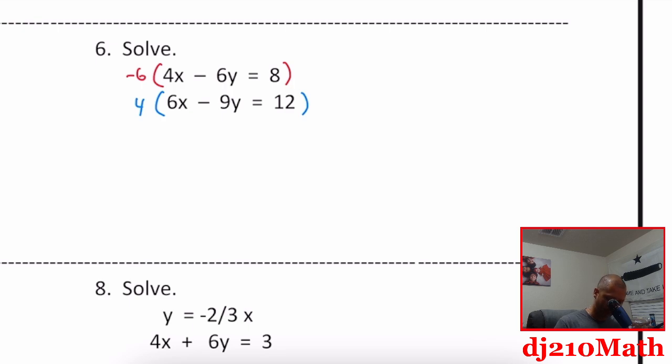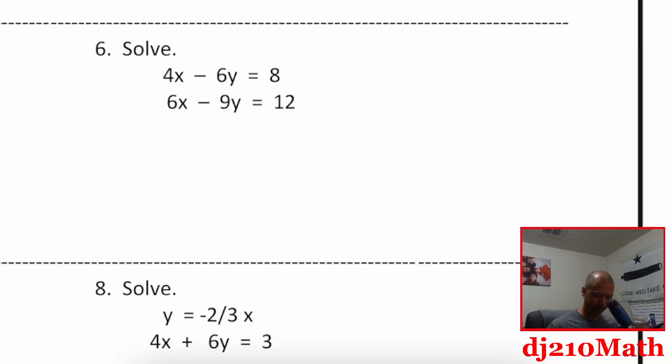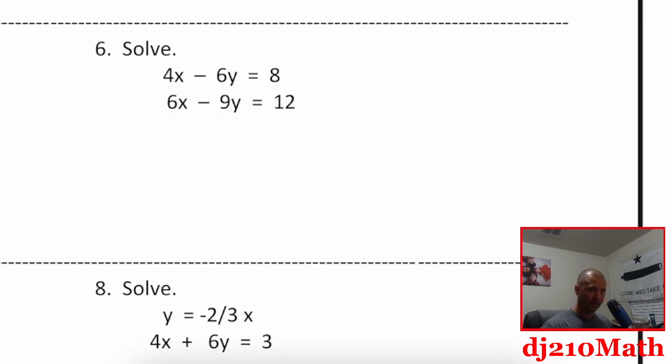All right. However, if you have a little bit of number sense and you notice that the top equation, it's all even numbers, 4, 6, and 8, you can divide everything by 2.